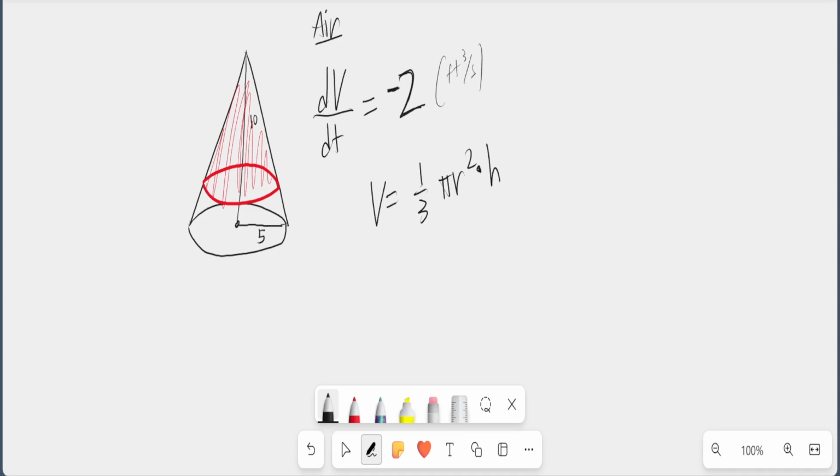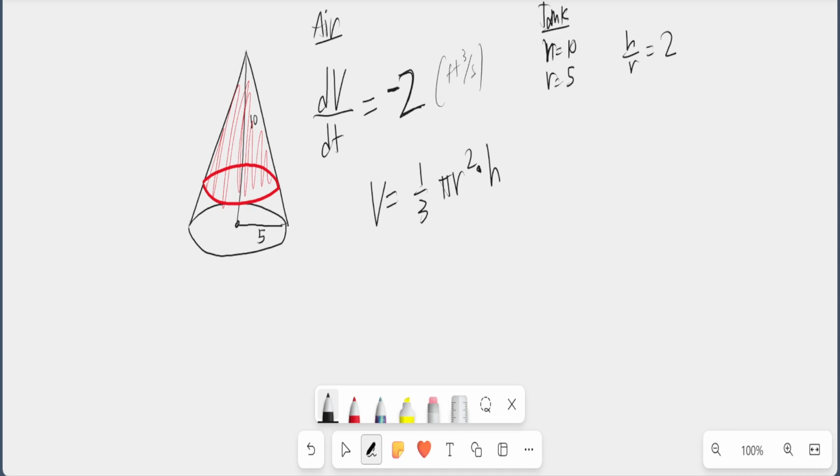So for the tank, h is equal to 10 and r is equal to 5, that means h over r is equal to 10 over 5, which is 2, right?